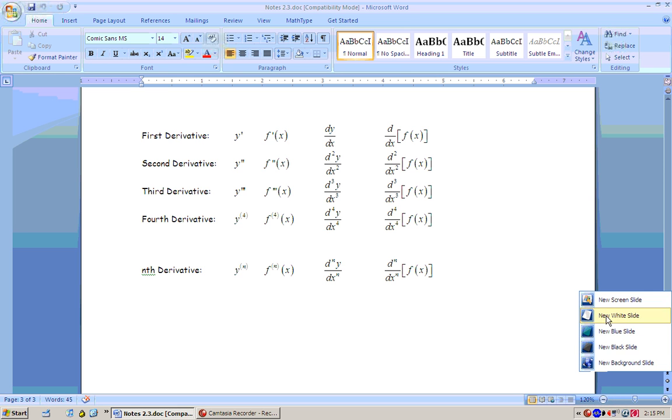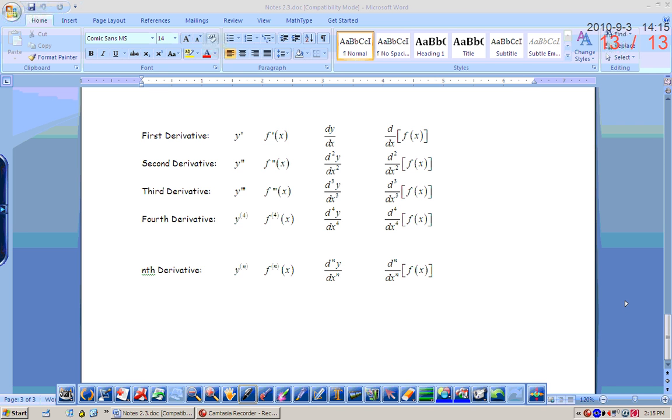Okay, the last part are just, I want you to be familiar with some of the notations. The first derivative is like y prime or f prime of x. For the second, you use 2 apostrophes. For the third, you use 3. Pretty much after the third, they just start putting the number up there. All right, if you're using dy dx, remember dy dx means the derivative of y with respect to x.